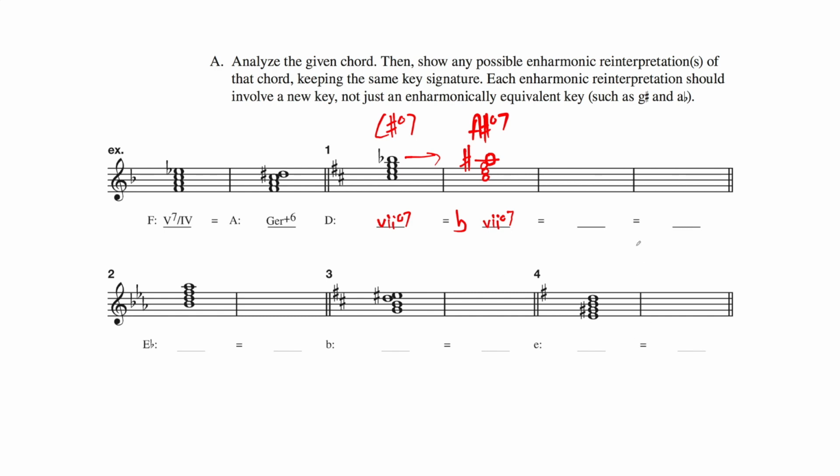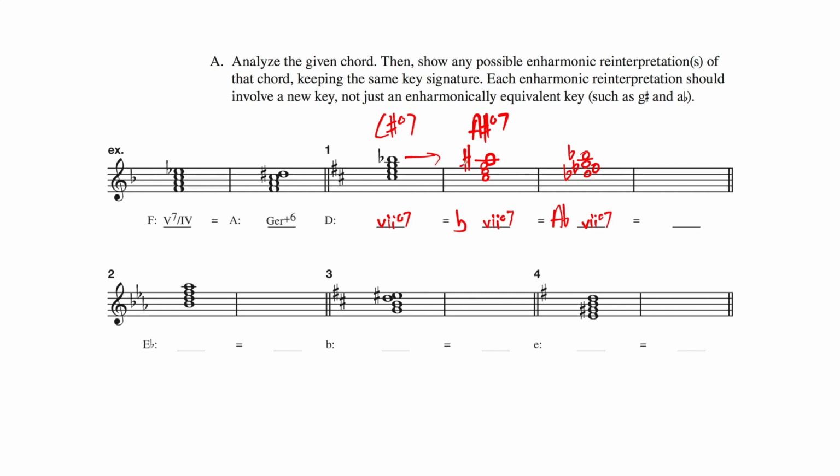If we respell it as G diminished 7th, G, B flat, D flat, and F flat, it will be in A flat, major or minor, vii°7.